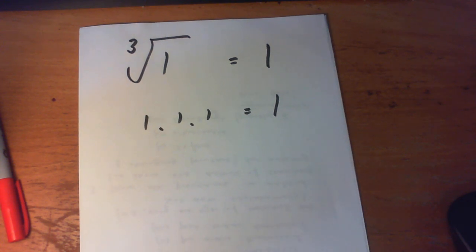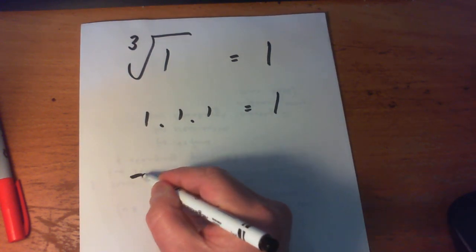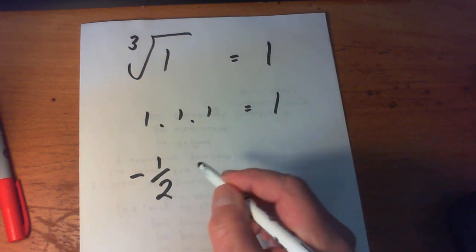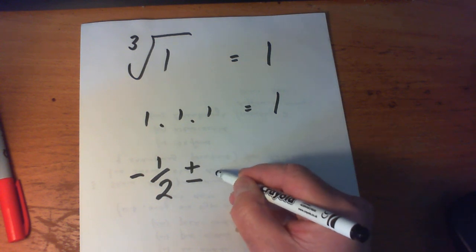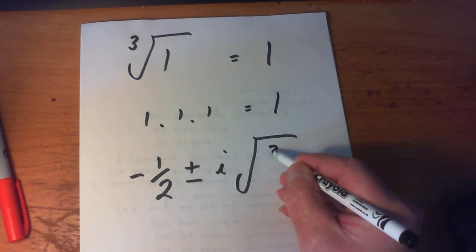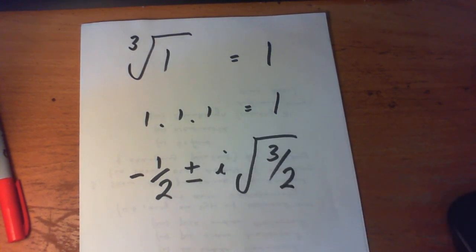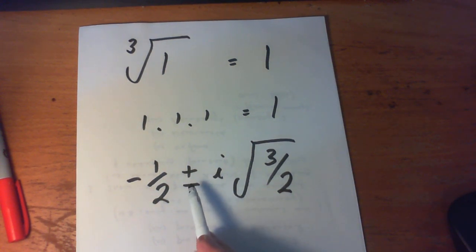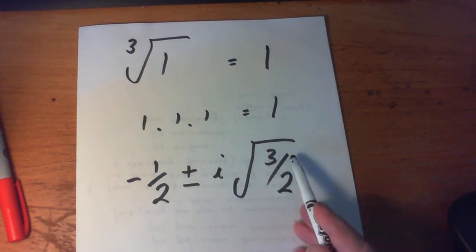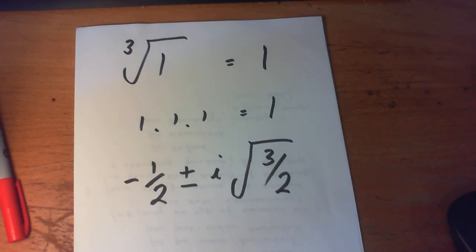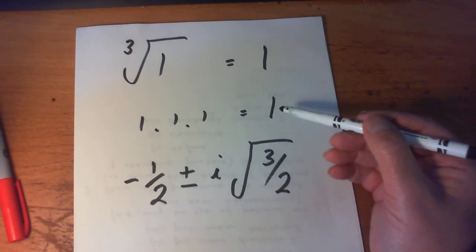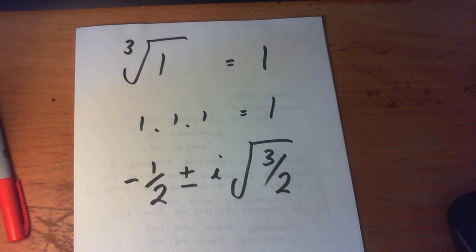Now what I'm just going to tell you without proof is that another 2 cube roots would be given by this. So that's 2 numbers again. It's -1/2 plus that, and -1/2 minus that. Those 2 numbers, along with 1, give you 3 cube roots for 1.